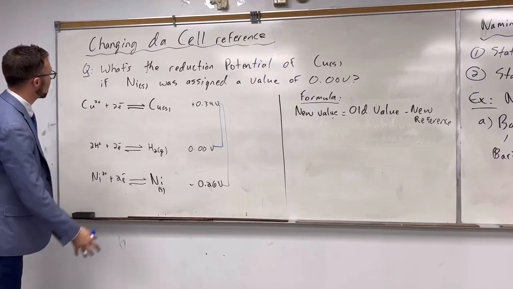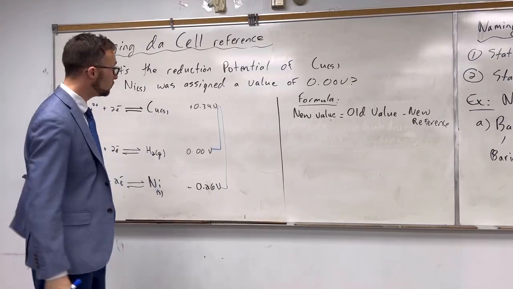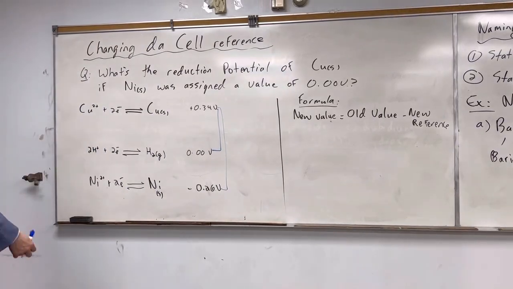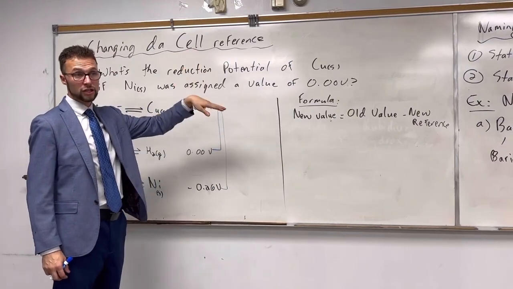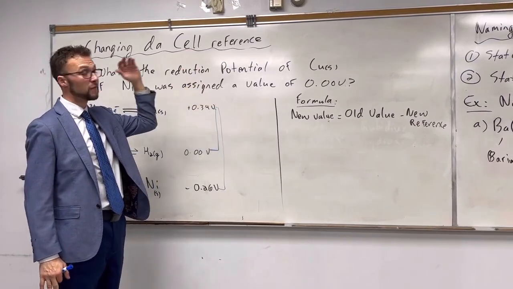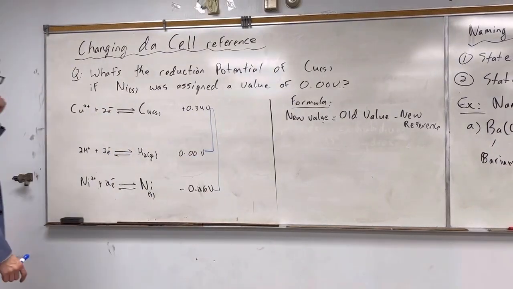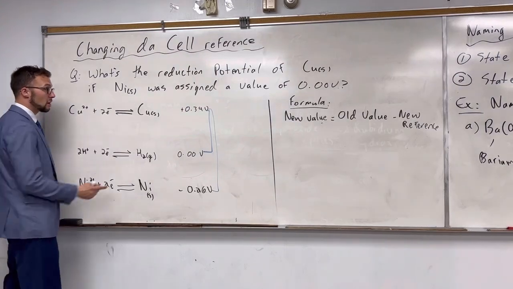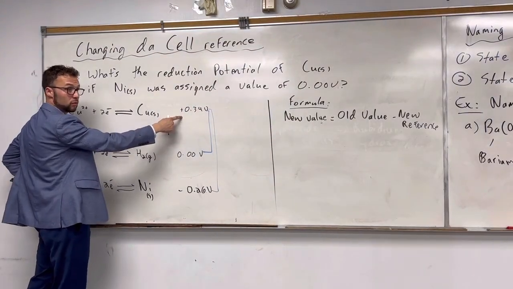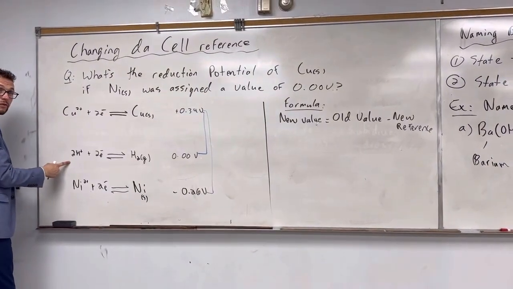Let's look at this question, which says: what's the reduction potential, which is the voltage, of copper solid if nickel solid was assigned the value of 0? Now hydrogen is no longer the reference. We're comparing the value of copper to the value of nickel and getting a voltage from there. There are two ways you could do it. You can think about it visually: copper is 0.34 with this much distance when hydrogen is the reference.